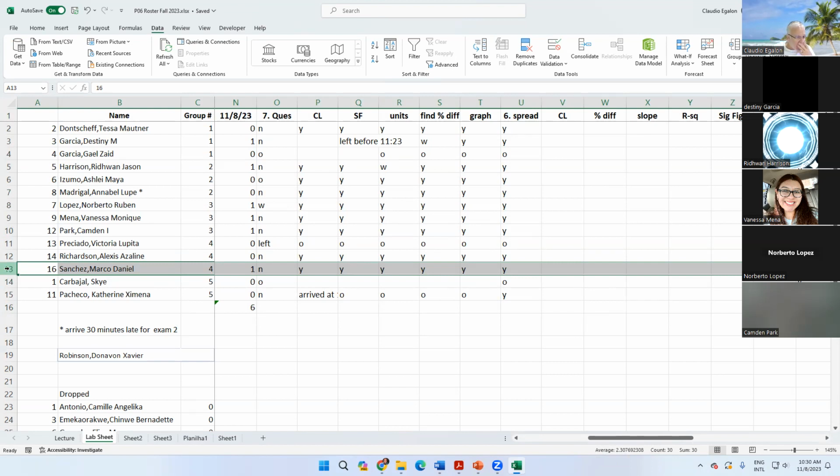So let's combine groups 1, 2, and 4 today, only for today, right? And then you resolve among yourselves which spreadsheet you want to use, right? Let's do that.